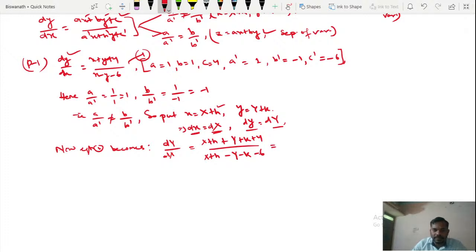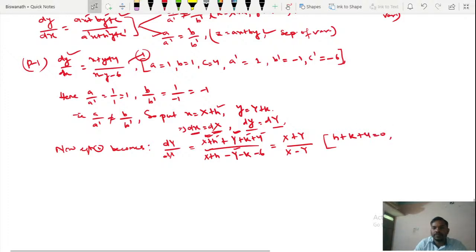Here this is your capital X and this is your capital Y, and in the denominator this is capital X and capital Y with a minus sign. Assuming the constant terms equal to 0, that means h plus k plus 4 equal to 0, and in the denominator h minus k minus 6 equal to 0.